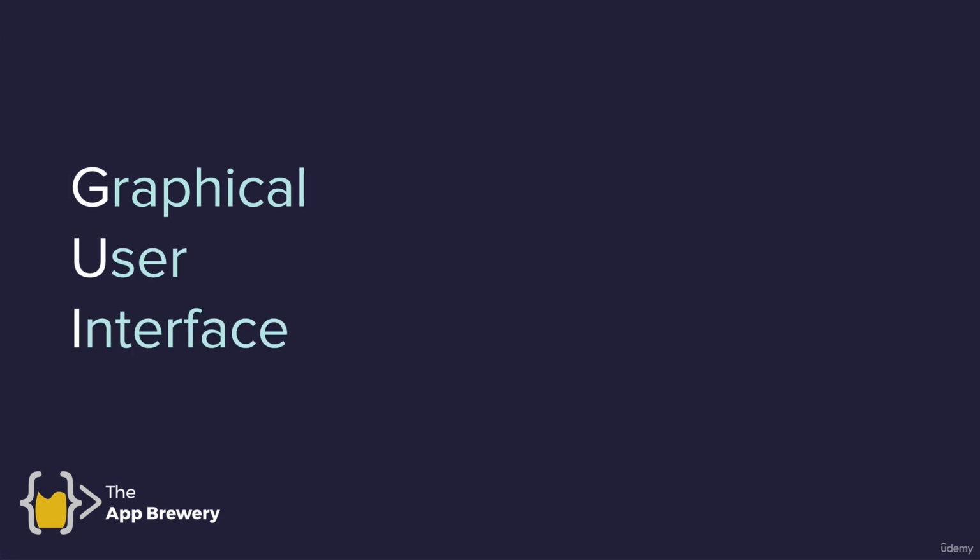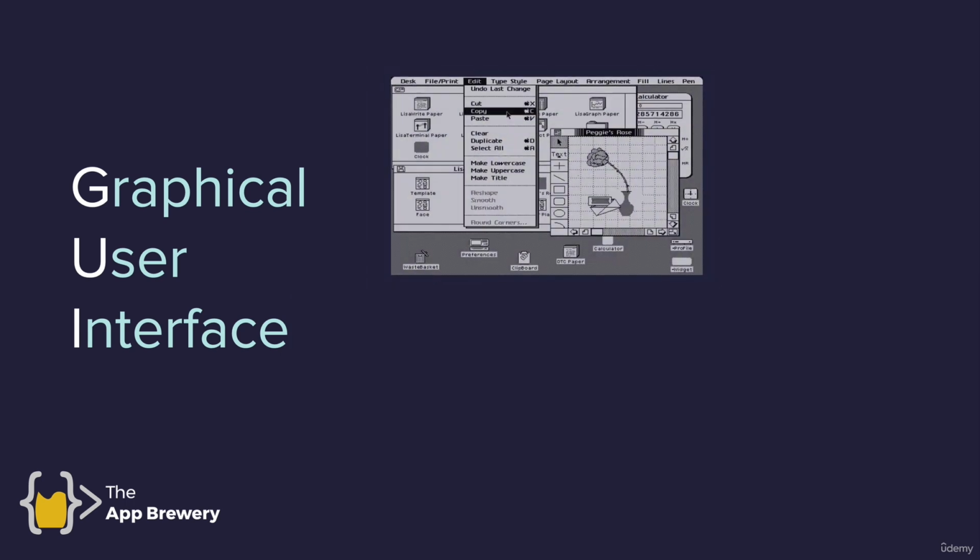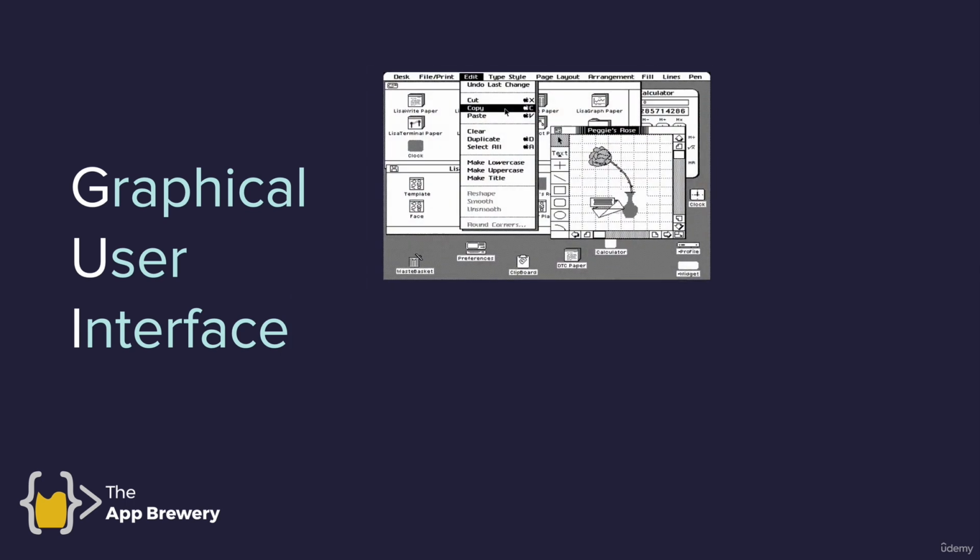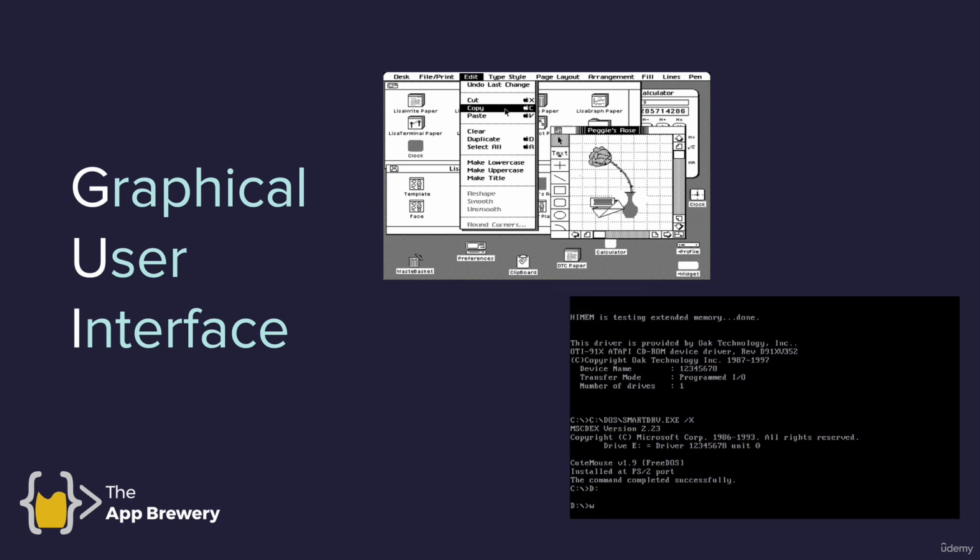If you think back to the beginning of computer history, if you think about the Apple Lisa 1, that was the first computer that had a graphical user interface where it had a mouse and you can point and click. And this was huge back in the day. But before then, we had text interfaces like MS-DOS or like our console when we're using Python.